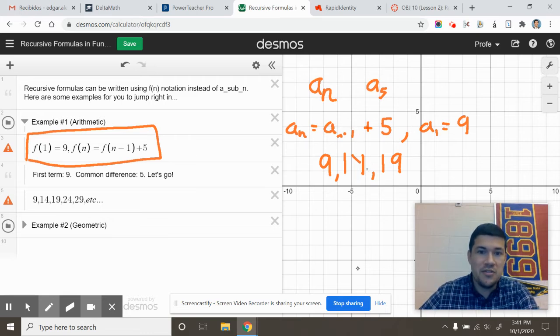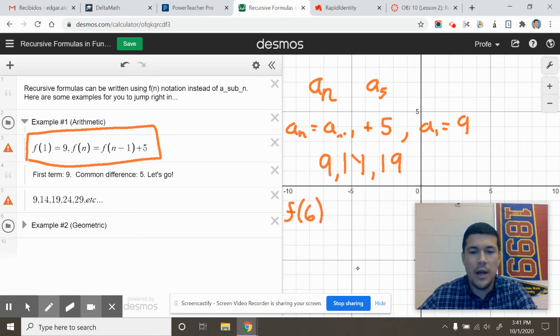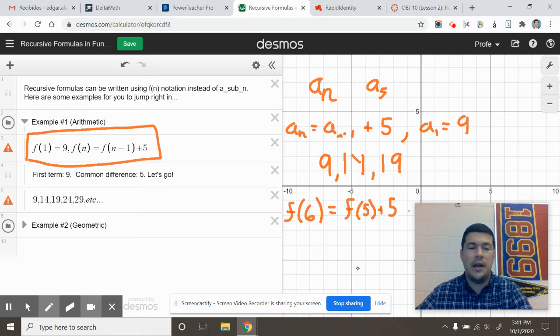That means that if I wanted to find f of 6, well, I would have to know the fifth term, because f of 6 is going to be equal to the previous term, which is going to be f of 5 plus 5. Whatever the fifth term is, you add 5.